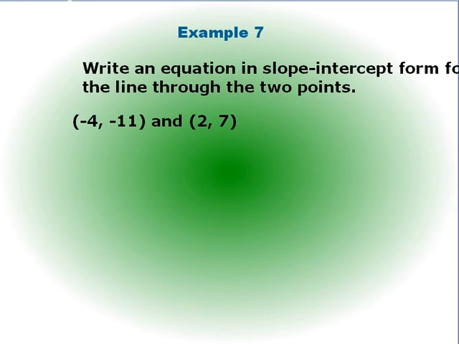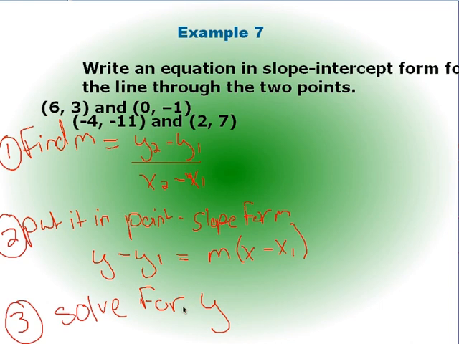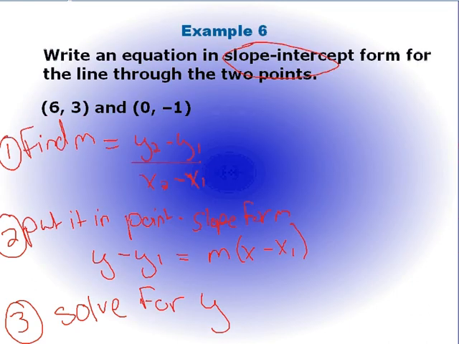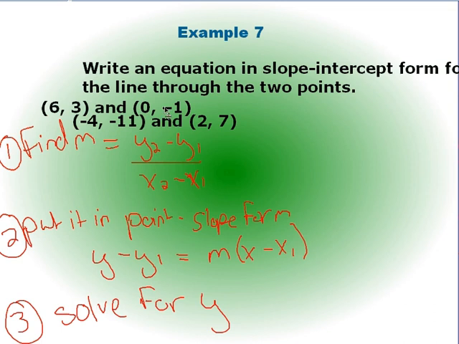Why didn't it paste? There it is. Okay, so now you do example 7 on your own. Try this. Oh, that shouldn't have copied. We didn't want that to copy. Try it through these 2 points. See how that goes.